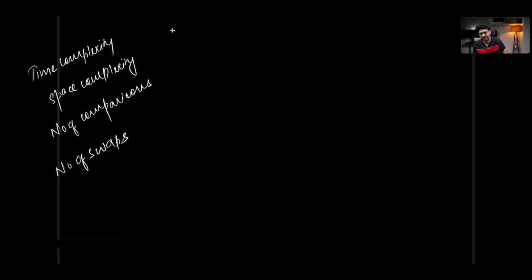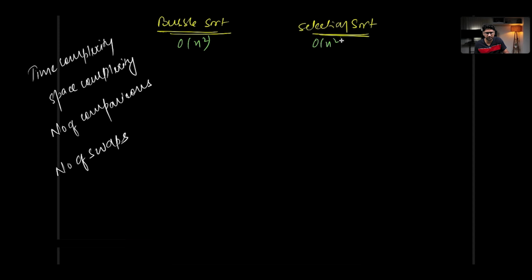If you see this, and if I go and talk about in the top, it is bubble sort, and then we have a selection sort. I see the time complexity remains the same, which is order of n square, and here also it is order of n square. Space complexity bubble sort is order of 1, here also it is order of 1. So basically it is same.